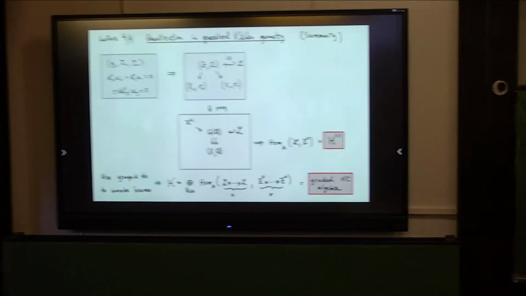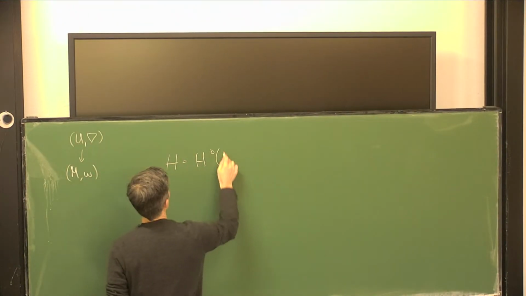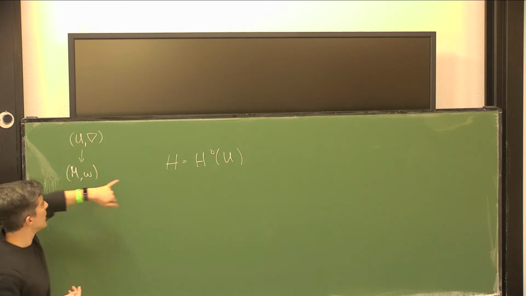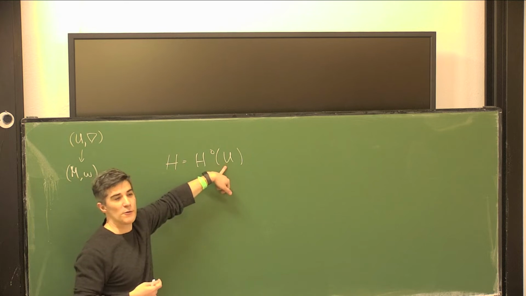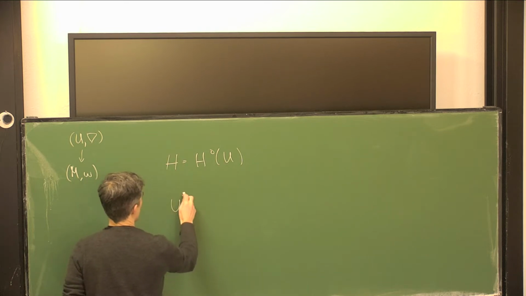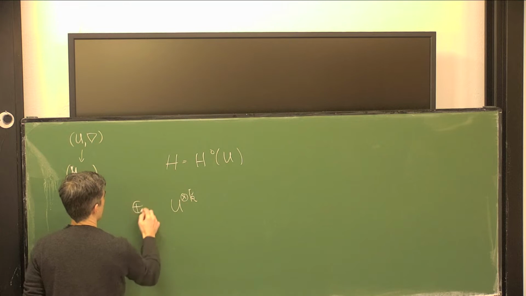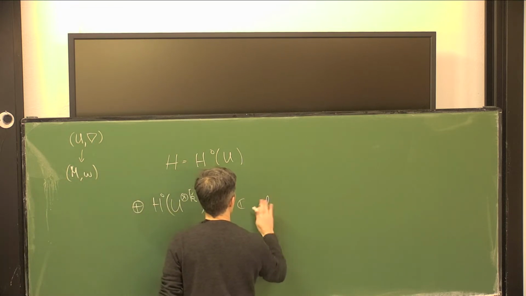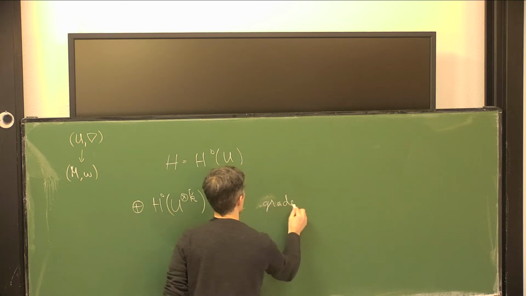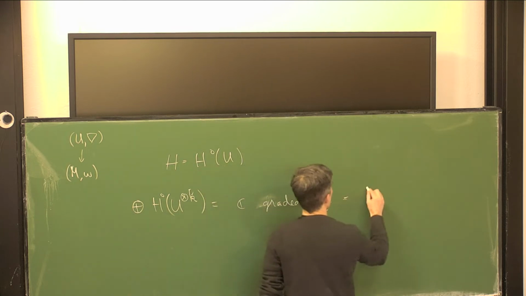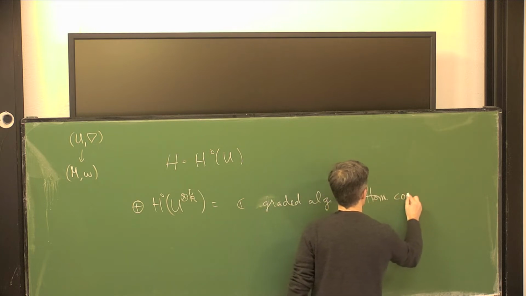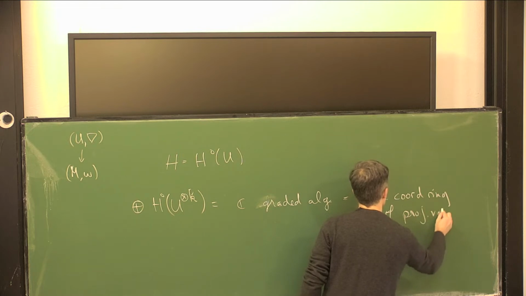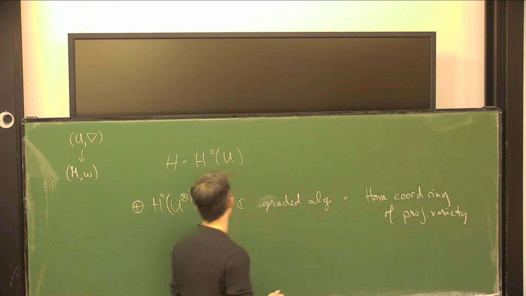Then the Hilbert space would be H0 of U. If we choose geometric quantization, it tells us that we get a Hilbert space, which is the holomorphic sections of U. But then you could also take U tensor power to the k, and take the sum of the H0s, and this produces a complex graded algebra, which is known as the homogeneous coordinate ring of the projective variety, let's say if it was a compact symplectic manifold.